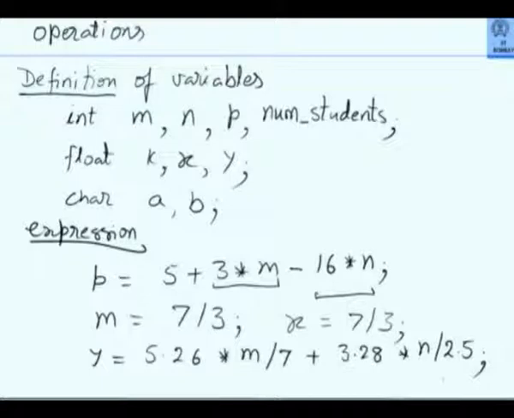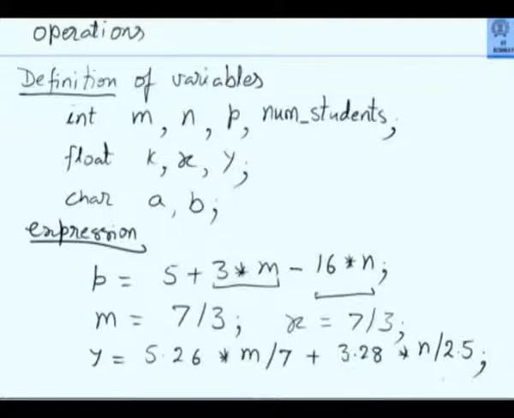First it will do what? First it will do division m by 7. Why? How many division multiplication operators are there? 2 multiplications and 2 divisions. When the operators are at the same level of precedence, how is the expression evaluated? From left to right. On the left, what is the expression? 5.26 into m.